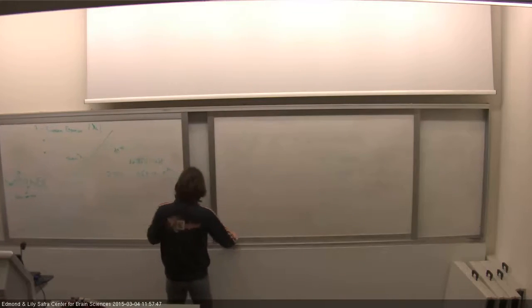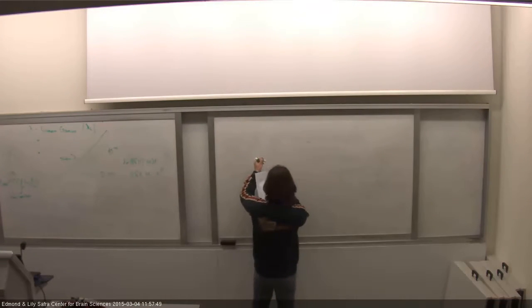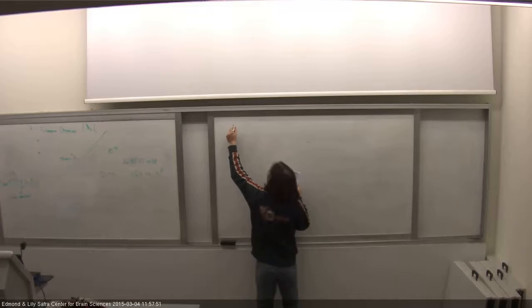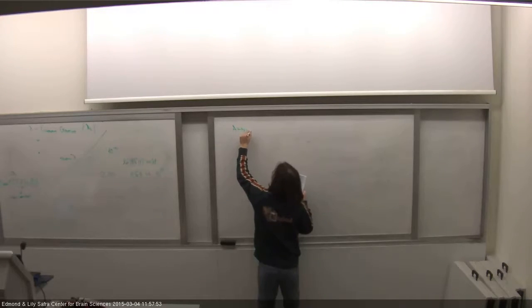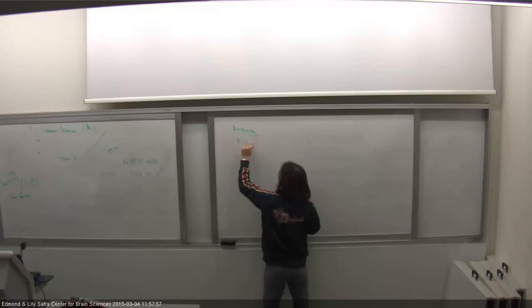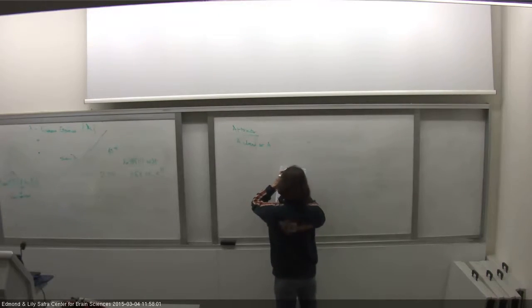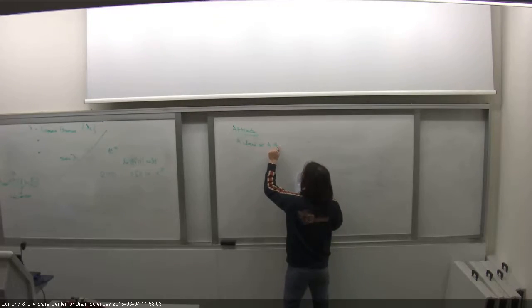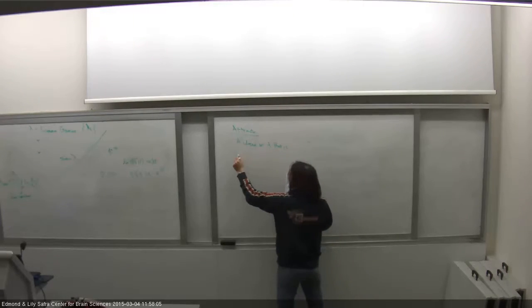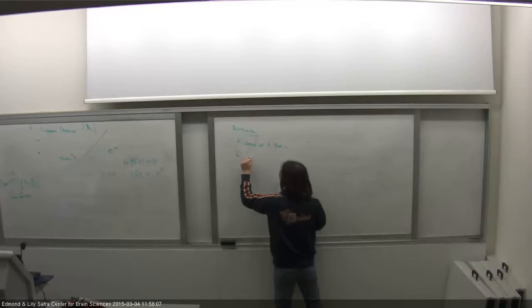Okay. An attractor we define as a closed set A that has several properties. First one is it is invariant.